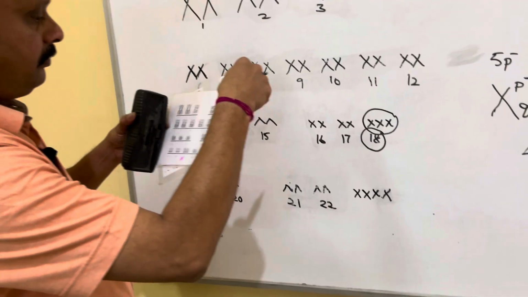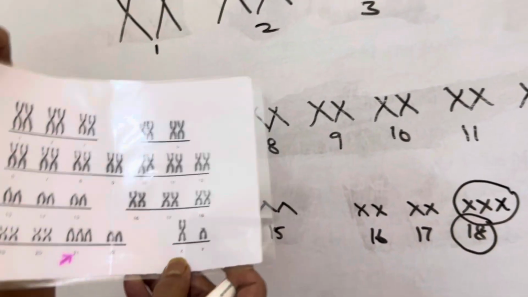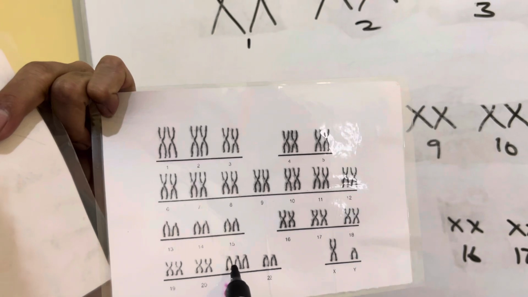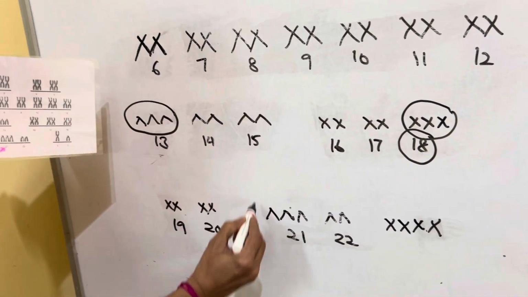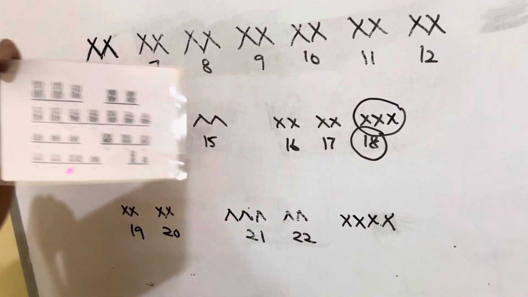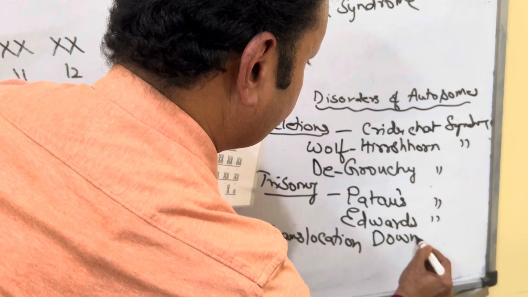Similarly, here there is trisomy at the 21st level. So if there is an additional chromosome seen here, we call it trisomy 21, which is Down syndrome.